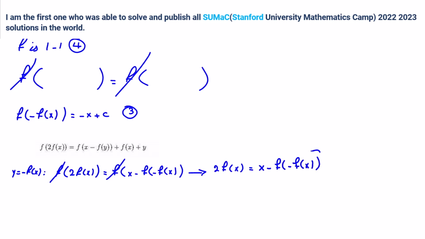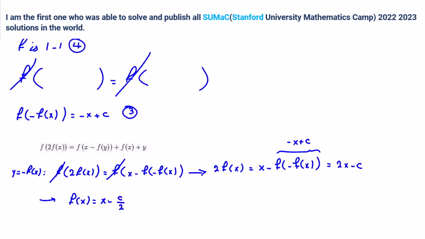And f of negative f of x is negative x plus c. So it would be 2x minus c. So f of x would be x minus c over 2.